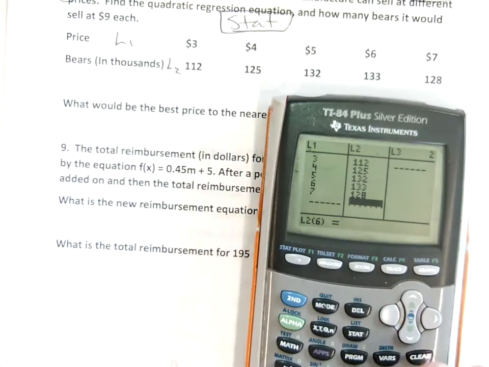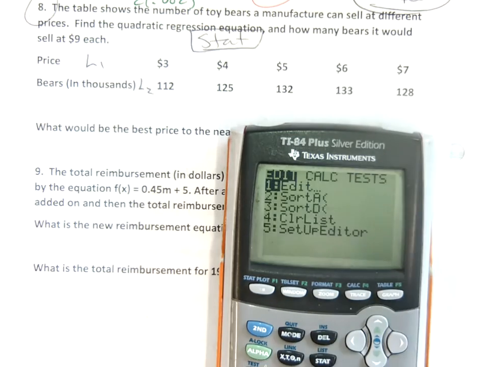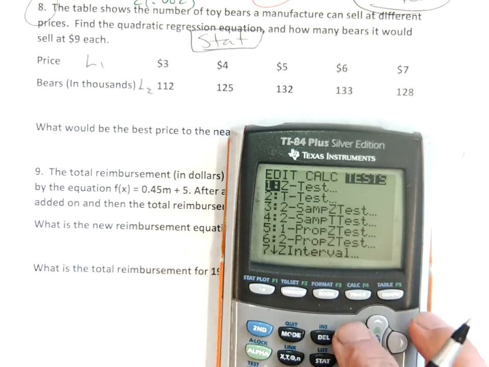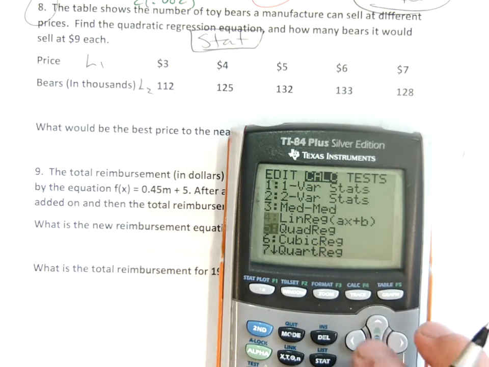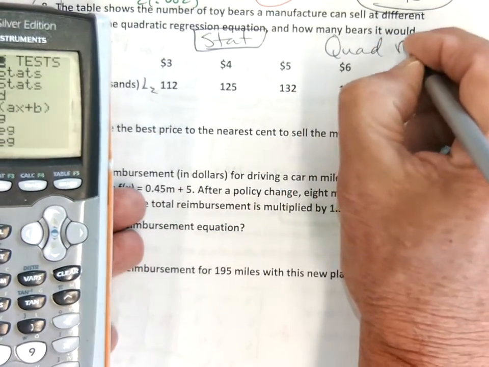It makes sense that if your price is super low, you'll sell a lot of bears, but you won't make much money. If your price is too high, you won't sell very many bears. So somewhere is the perfect price. So I'm going to go back to stat. We did this yesterday. I'm going to calculate, but this time the quadratic regression. We want the quad reg.